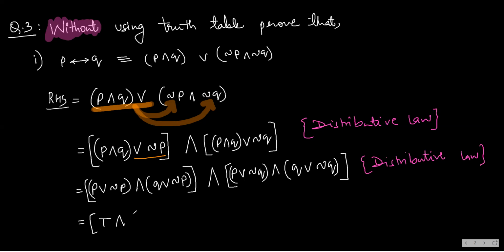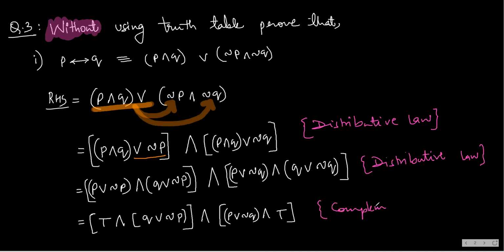And here you have Q or negation P in the bracket, then it is, and here you have P or negation Q, and Q or negation Q is always true. This is complement law. Here I will write complement law.